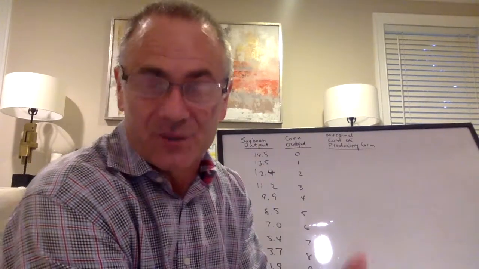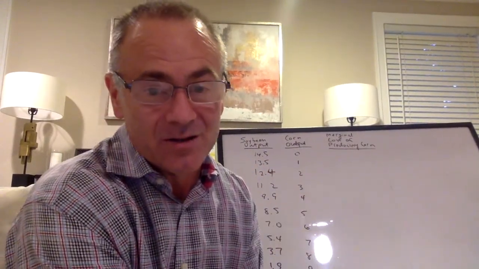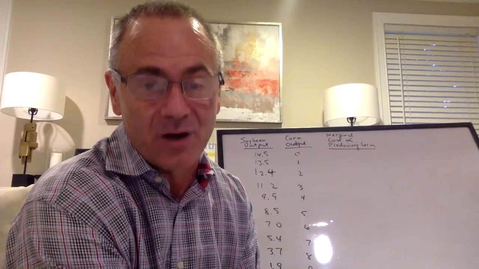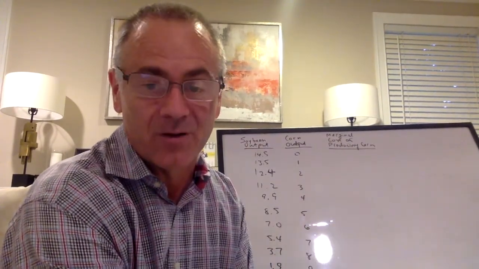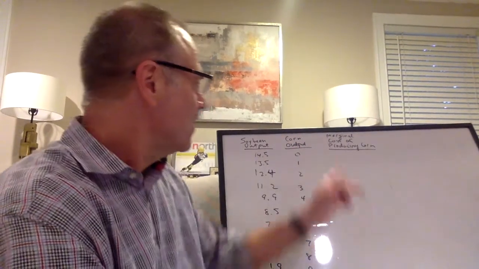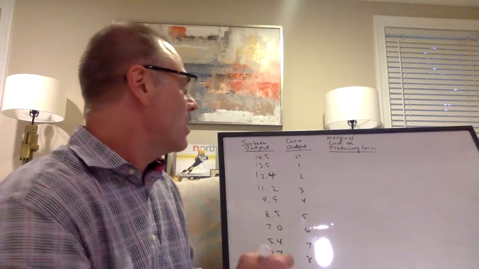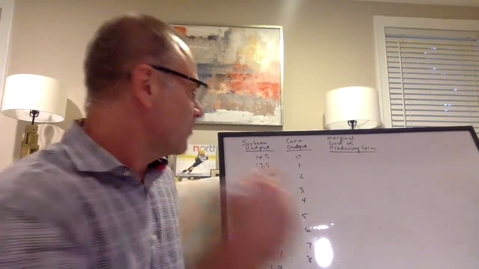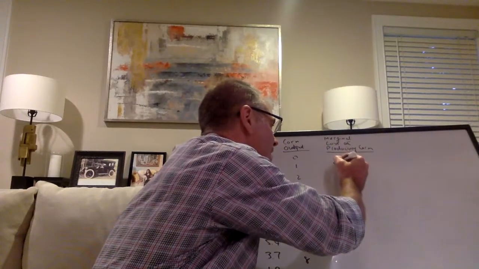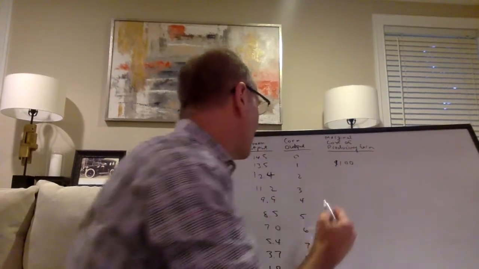A bushel of soybeans has a price of $1, so that means you're going to have $1 less of revenue from the soybeans if you produce 1 bushel of corn. So what that means is when you produce 1 bushel of corn, the marginal cost of producing that bushel of corn is going to be $1.